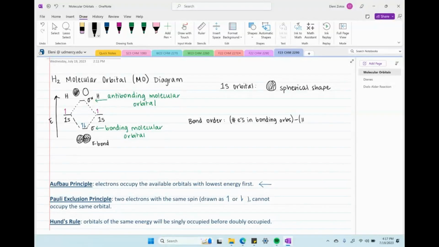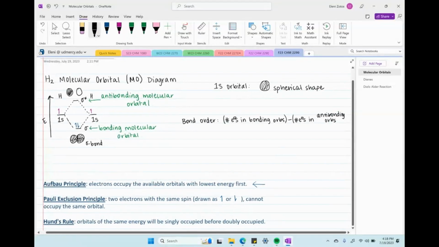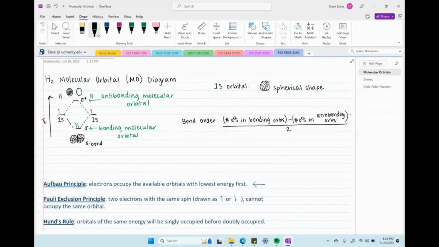We subtract the number of electrons in antibonding orbs. And we divide that number by 2.